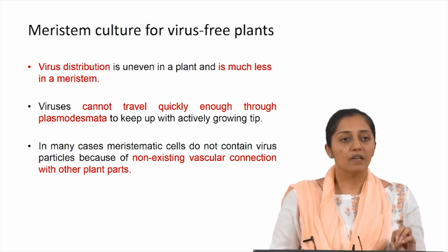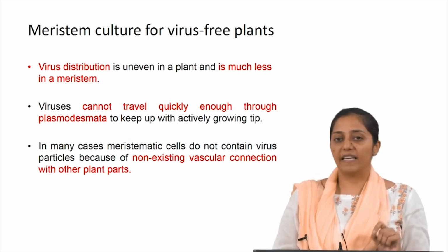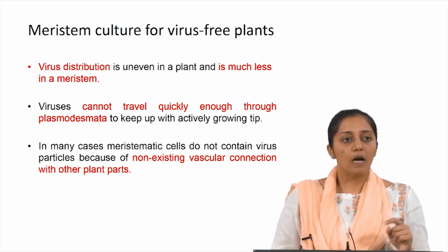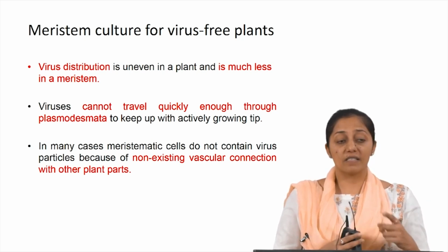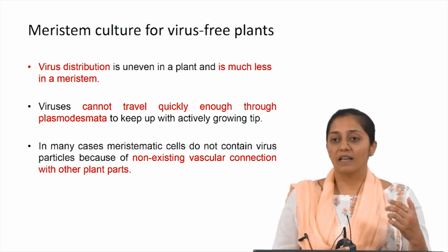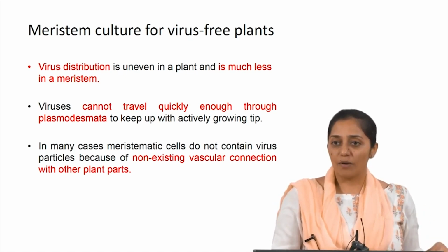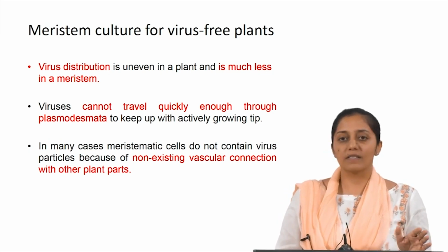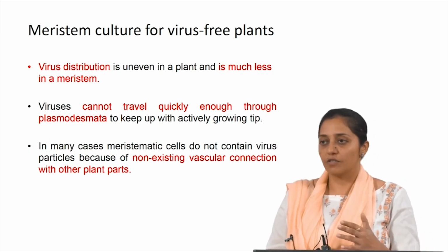The reasons were virus cannot travel quickly enough through the plasmodesmata. These are connections. As in these meristematic regions the cells are rapidly dividing, the rate at which they are dividing and forming new cells is higher than the rate at which the virus can travel through these connections. So, one is this, the probability of virus transfer is reduced.